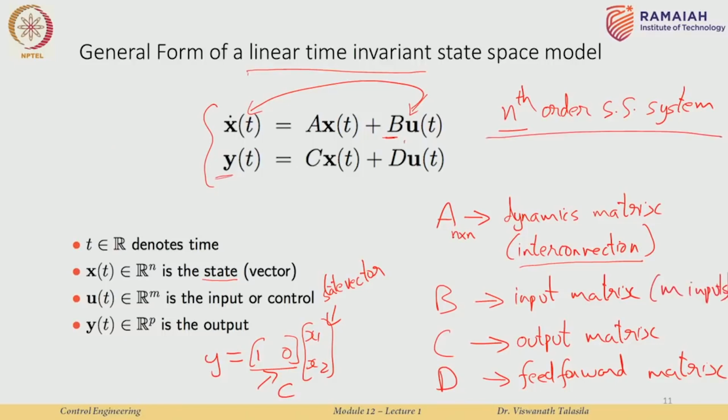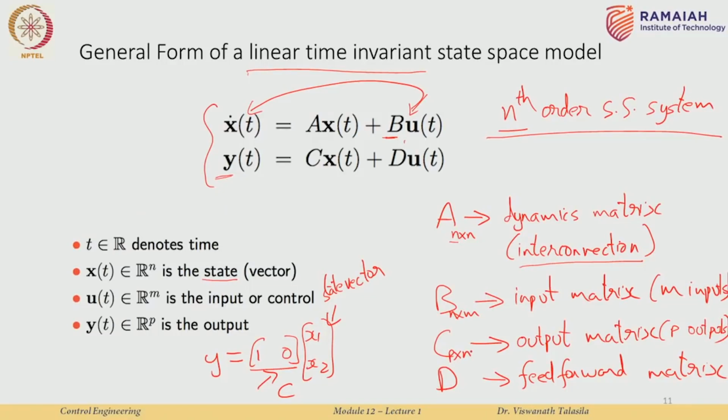So, A is an n cross n matrix, the interconnection structure, it is always equal to the number of states which we have. B is the input matrix. Let us assume we have m inputs, m could be less than n or even equal to n. So, B will actually be an n cross m matrix, and let us look at the output matrix C. Let us say we are measuring p states, in which case C will be a p cross n matrix.